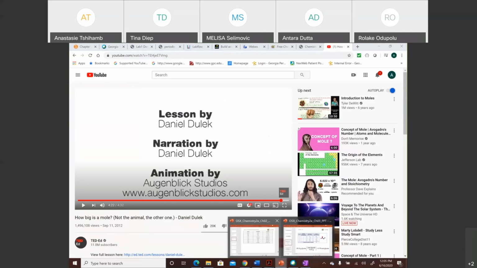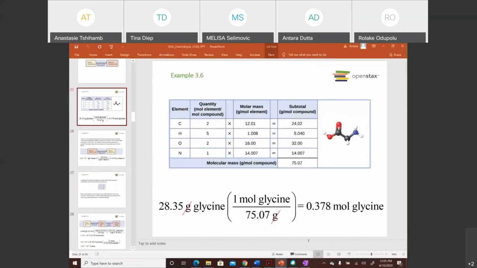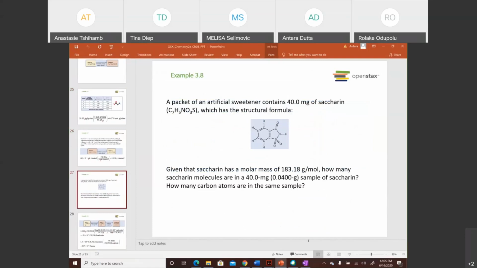Okay, now the last part, I'm just going to finish it up today. If you look at this problem, it says a packet of artificial sweetener contains 40 milligrams of saccharin. You all are familiar with saccharin. It is an artificial sweetener, and it has this structural formula, C7H5NO3S. These are all organic compounds.